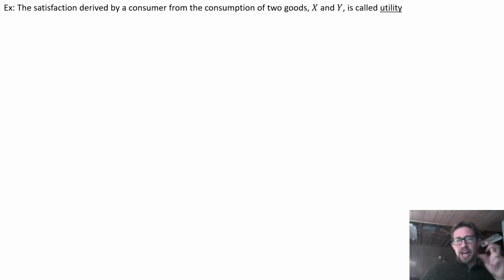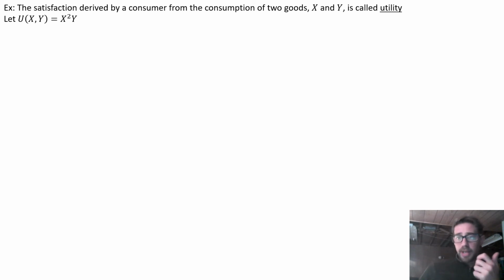As far as how we measure satisfaction, we would assume some sort of consumer ranking scale where they rate their general experience from 1 to 100 or whatever, or give it a letter grade. So that's a function of two variables. However many X's I buy and however many Y's I buy, my level of satisfaction is called my utility.